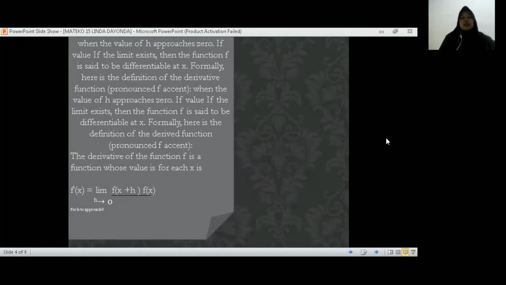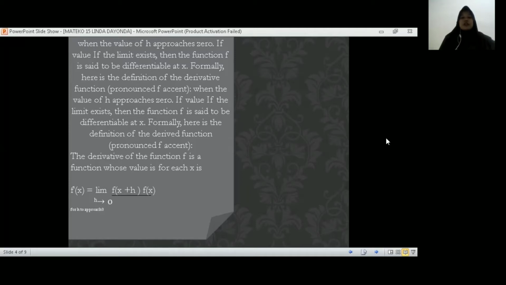Formally, here is the definition of the derivative function. Pronounced f prime.